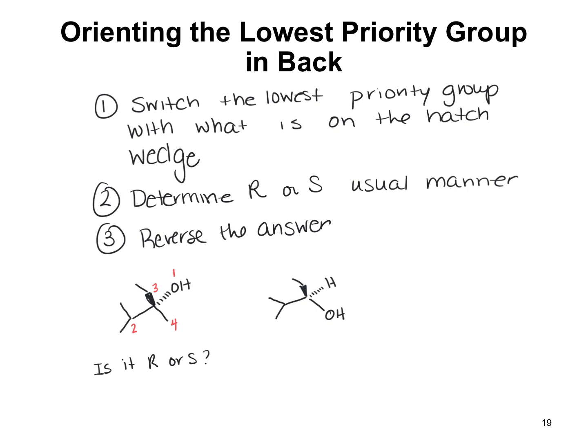And then I just go back with my priorities. 1, 2, 3, 4. And so I see from 1, 2, 3 that this goes to the right. So this is the R. That means the original is S.